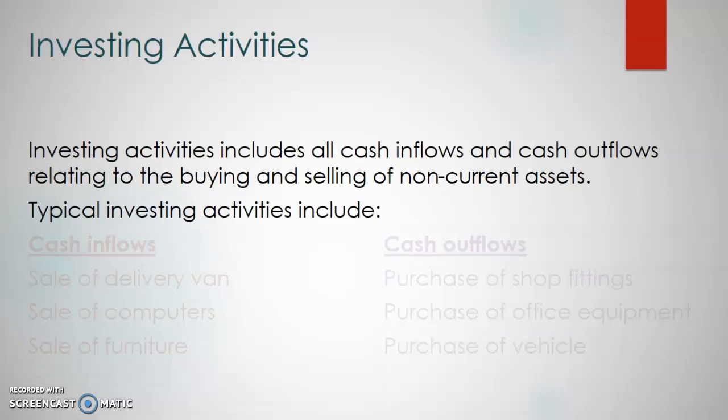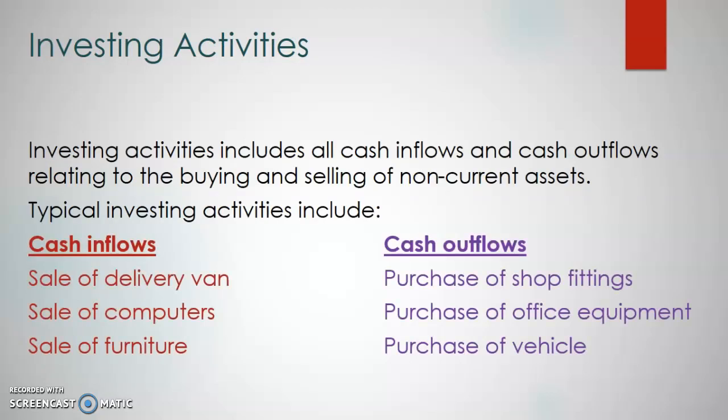Now let's look at investing activities. Investing activities include all cash inflows and cash outflows relating to buying and selling of non-current assets. Remember, when we are talking about investing activities, we are talking about non-current assets. For example, some of the cash inflows for investing activities will be sale of a delivery van.